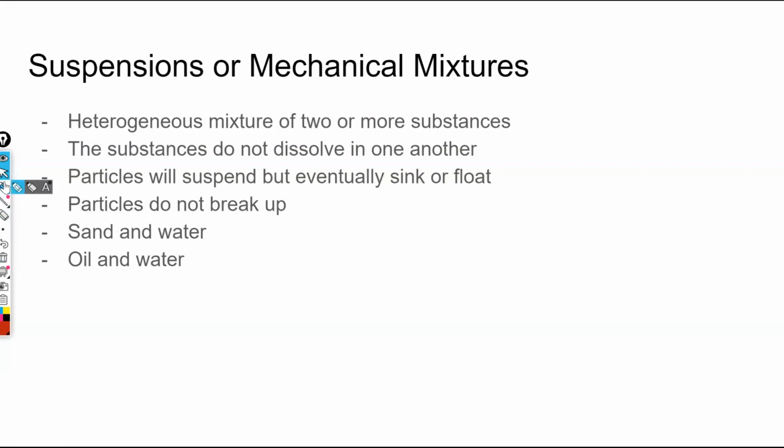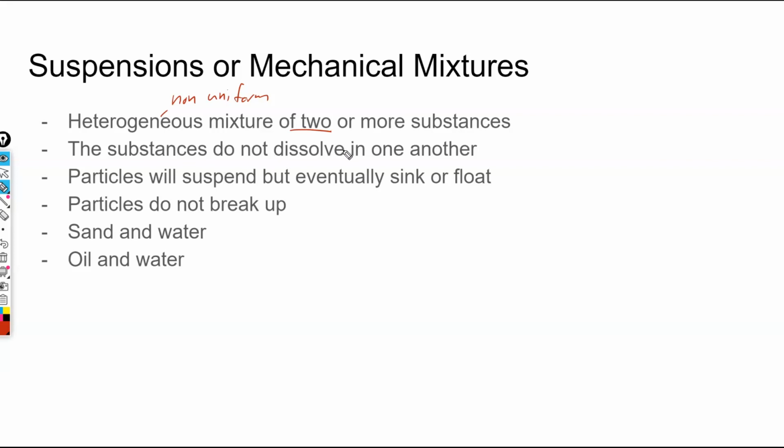Now, when we talk about solutions, we're first going to talk about suspensions or mechanical mixtures. A suspension is a heterogeneous, so non-uniform, mixture of two or more substances. Remember, it has to be at least two to be a suspension or solution.